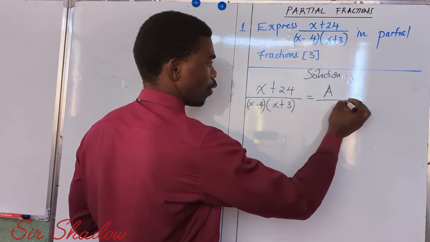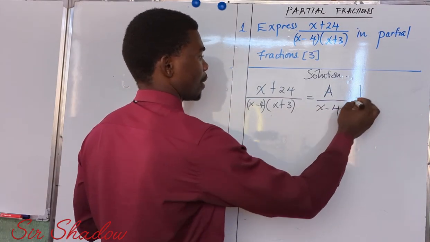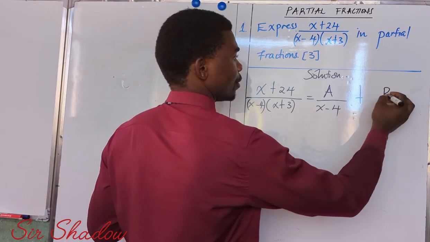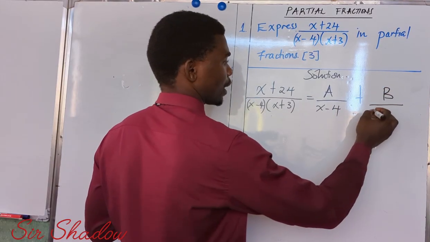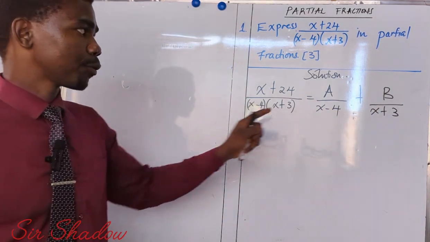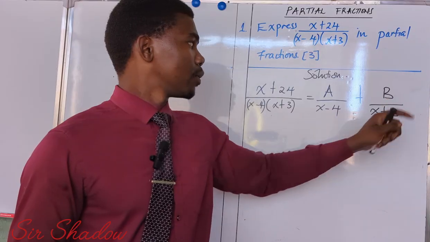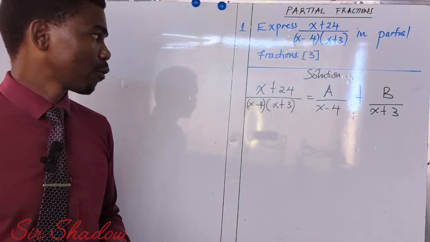This becomes A over the first factor, x - 4, plus B over the second factor, x + 3. We want to find the value of A and the value of B.